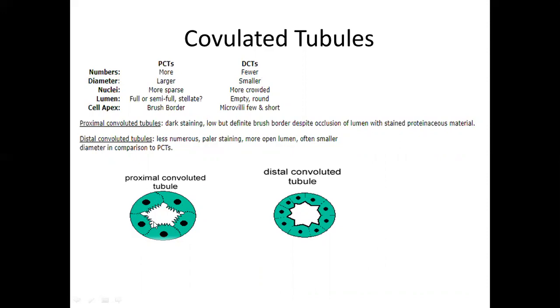There are fewer cells making this tubule compared to the more crowded nuclei, as evidenced by this schematic diagram. The lumen could be fully obscured, semi-full, or it could give a starry appearance due to the microvilli or brush border appearance. The apex of the cells gives the brush border-like appearance due to the large microvilli there.